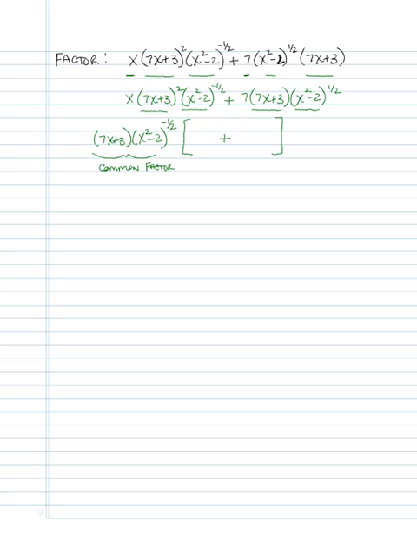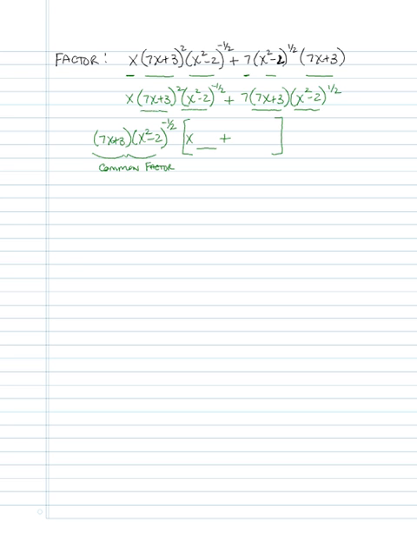Now, notice, again, like we did before, our common factor times the first term has to give us our first original term. And so we know that we have to have an x in our first original term, and we have to have a 7x plus 3 to the power 2.